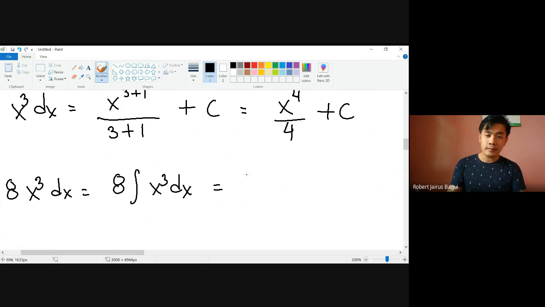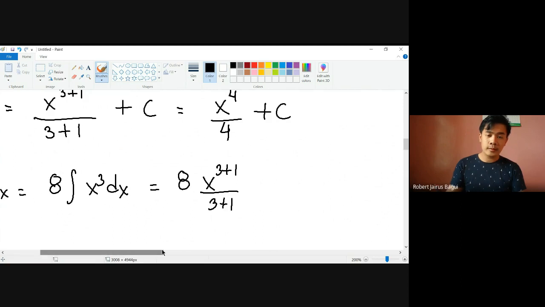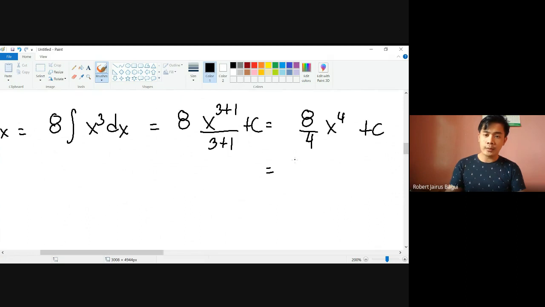So 8 times the integral of x cubed. What did we do earlier? x raised to 3 plus 1 all over 3 plus 1, plus c. That would be 8 over 4 x raised to 4 plus c. Or if we simplify further, it becomes 2x to the 4th plus c.